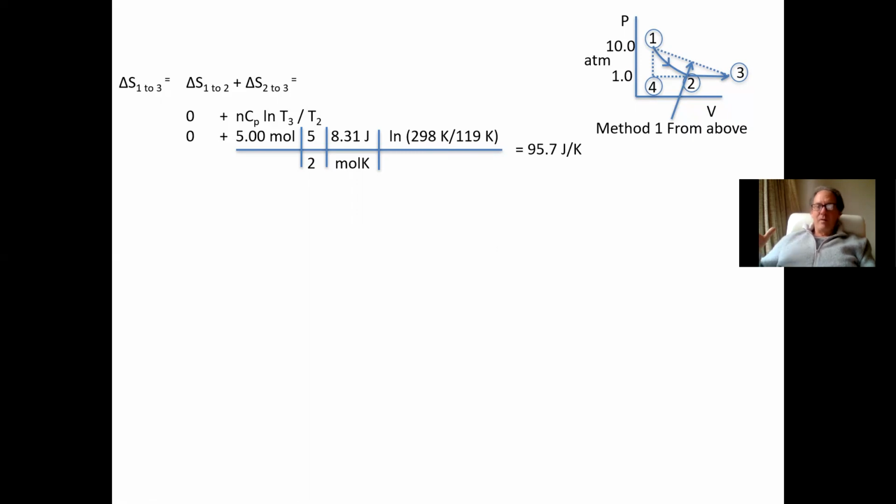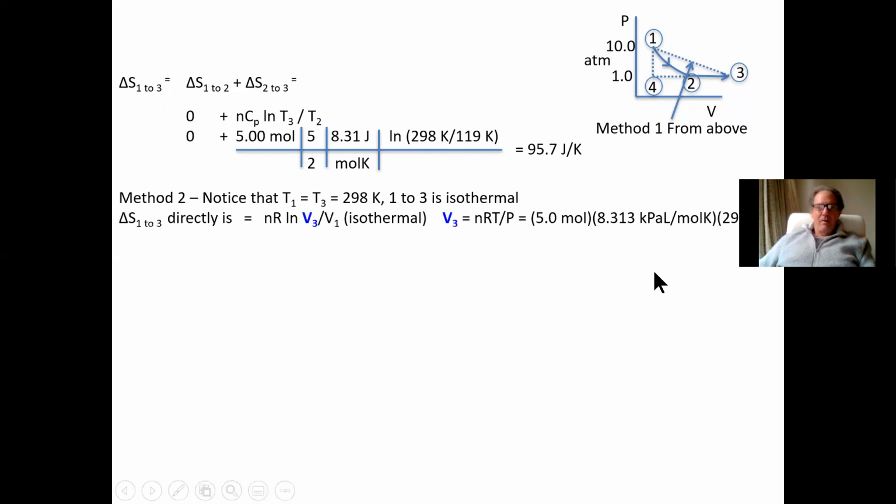The beauty of solving for entropy is you can select different paths. Now, at this point, you've answered the question. You don't have to go any further, but I just want to show you there's different paths we could take. So, for instance, we could calculate the path directly from 1 to 3. I could solve that from 1 to 3 if I knew what V3 was.